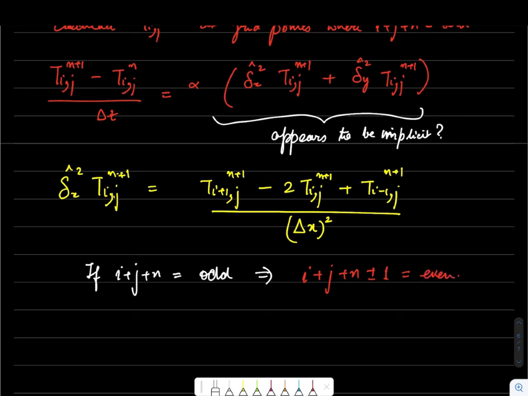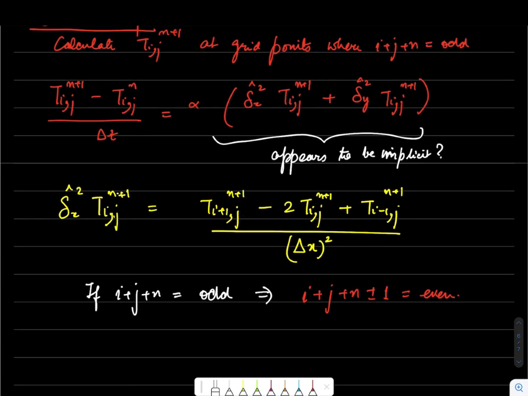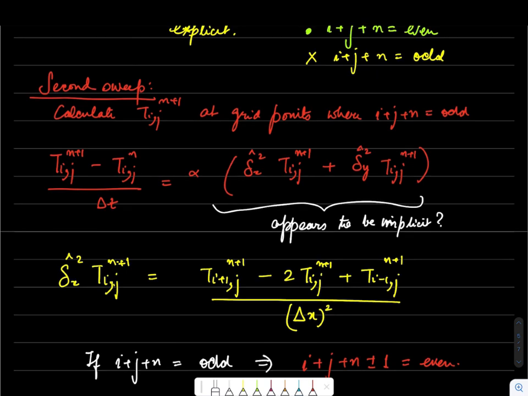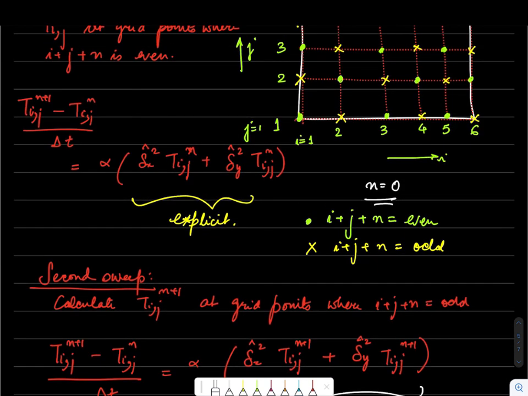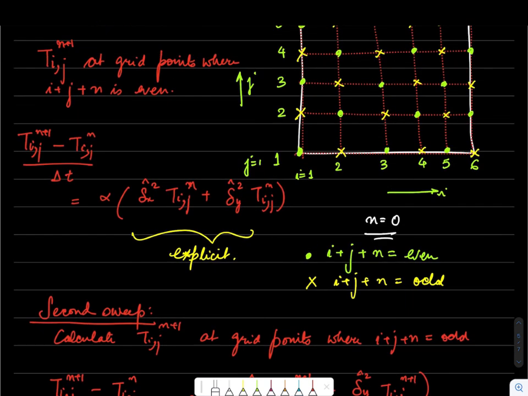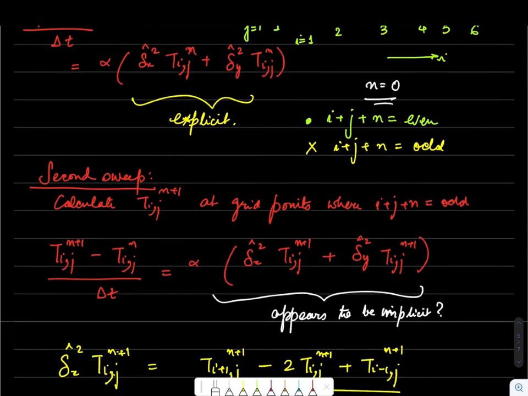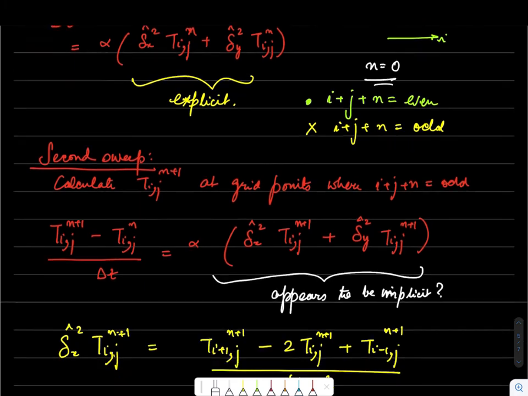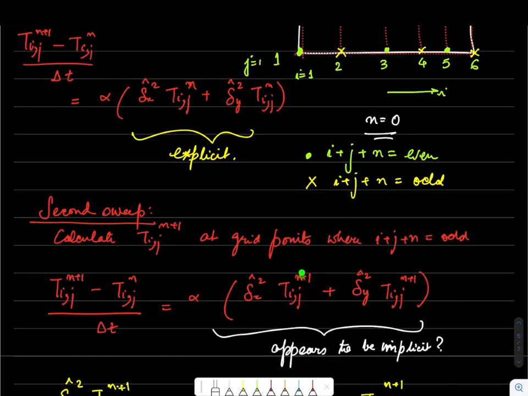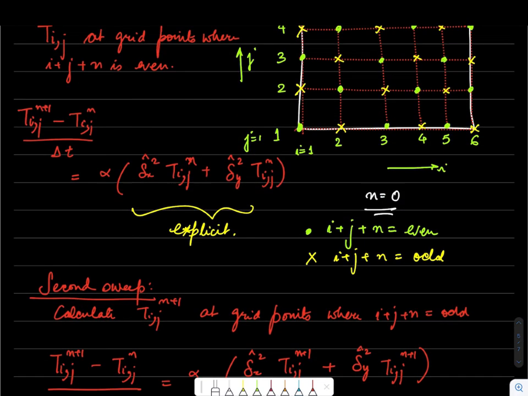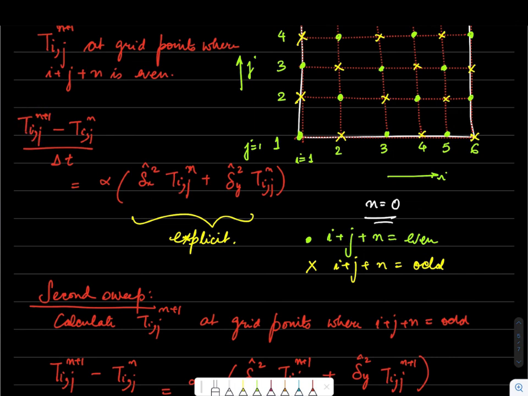Now why did I say plus minus 1 here? I said this because if you look at these numbers now, right? If you look at the data which we had from the first sweep, in the first sweep, we calculated numbers at i plus j plus n which were even. So at the time step n plus 1, when we have come here, I already have these Tijs, which would have been computed at these circles.